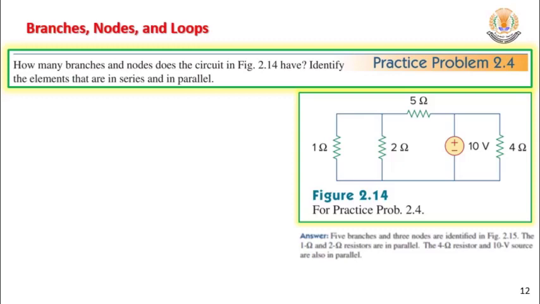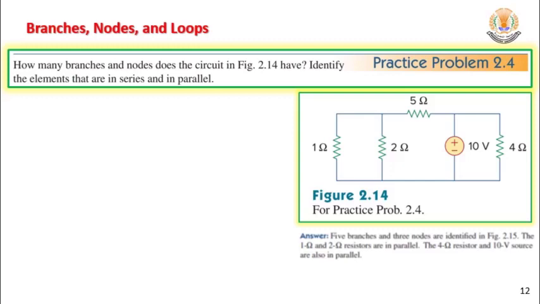Which elements here are connected in series and which elements are connected in parallel? See, the 1 and 2 ohms are connected in parallel, 2 common nodes. And the 10 volt source and the 4 ohms are connected in parallel.